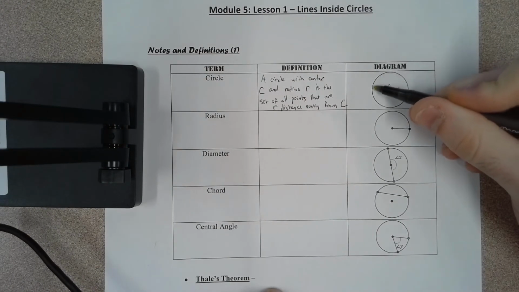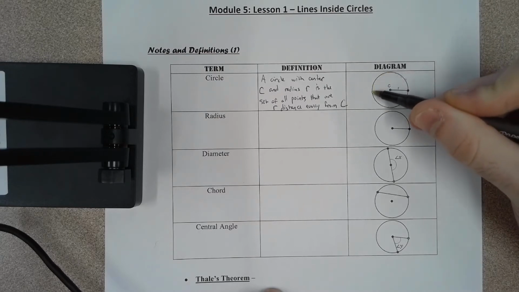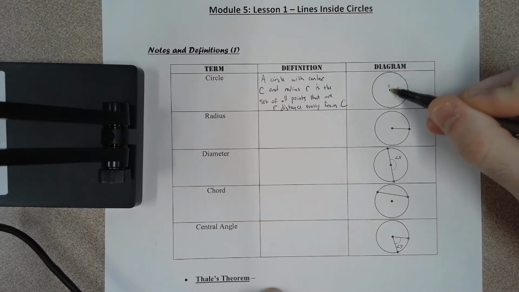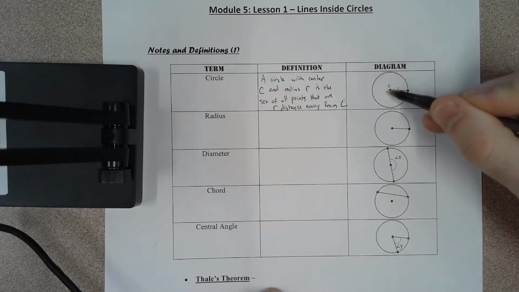Every point on the edge of this circle is going to be R distance away from center C, because every point here is technically a radius of the circle.